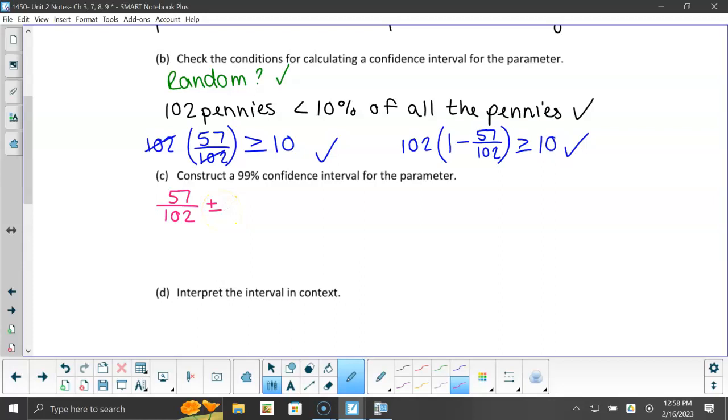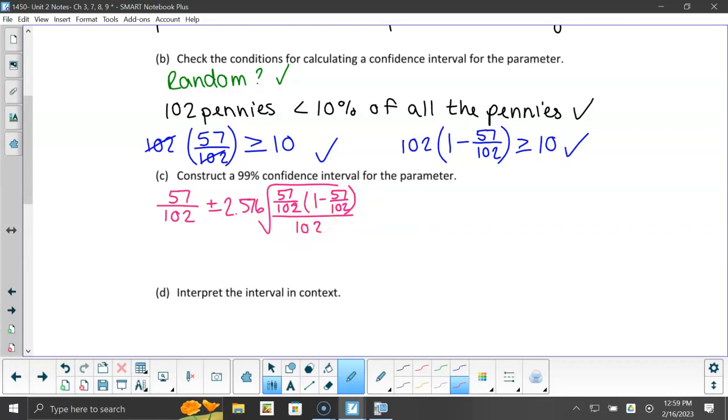We should have a z star value. All right, and then it's p hat, so 57 out of 102 times 1 minus 57 out of 102, because that was my sample size.